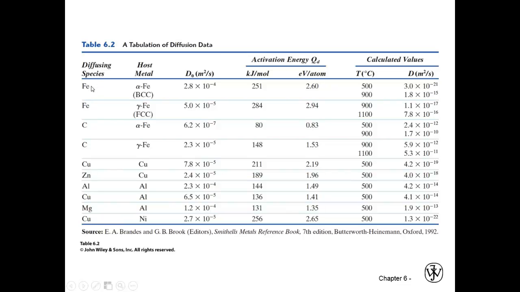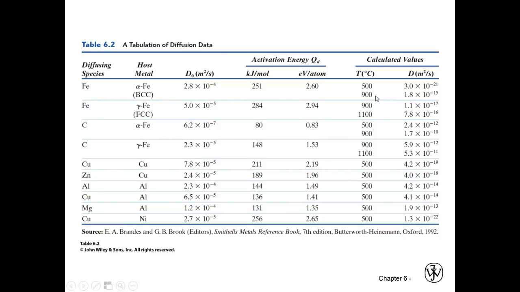And alpha iron is at different temperatures, so it's only between these temperatures, whereas gamma iron is between these temperatures. So we have our pre-exponential here, our activation energy Q_D here. We can use either one of these as long as we keep our units straight. And we even have a calculated value for these various temperatures. And this is, again, iron into iron.